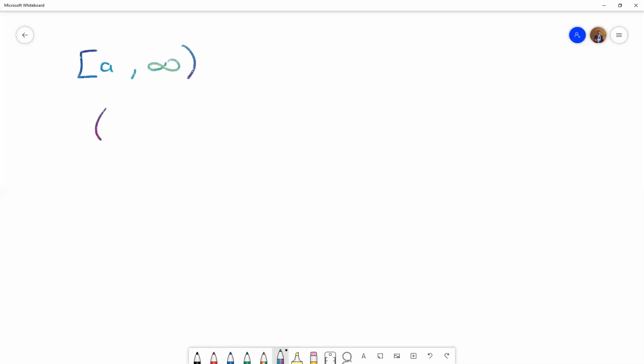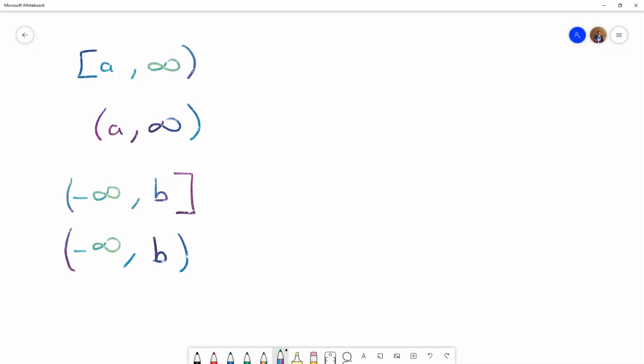And here A and infinity again like that, and minus infinity, B, here may be closed or open, but we have to write an open bracket here. So how can we write these things here in geometry?